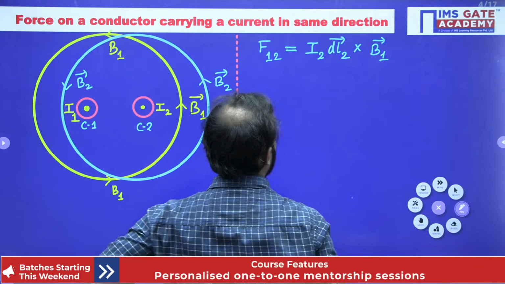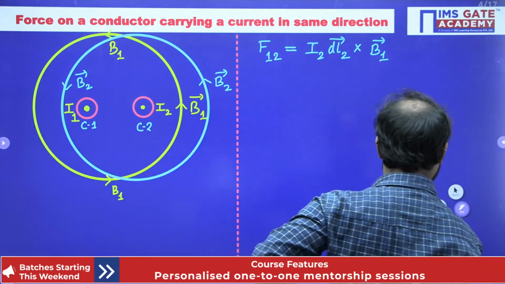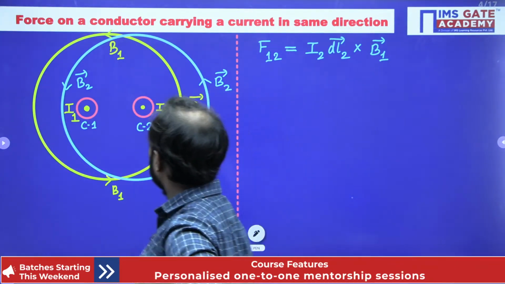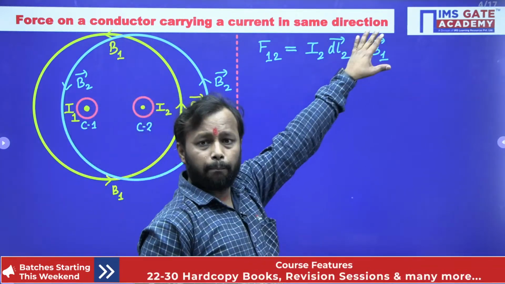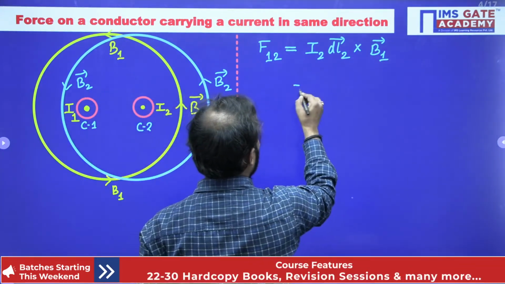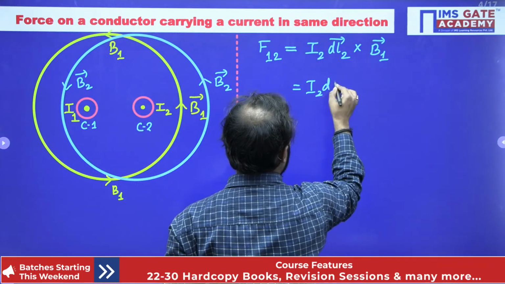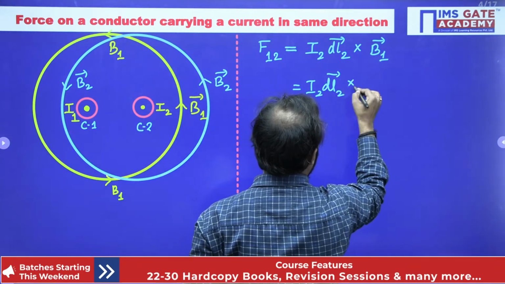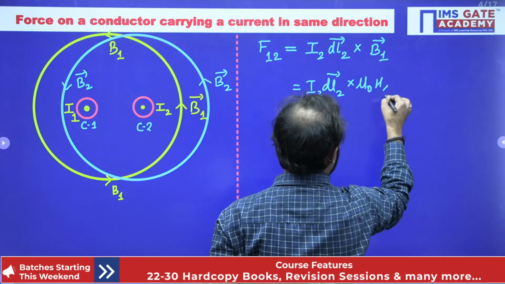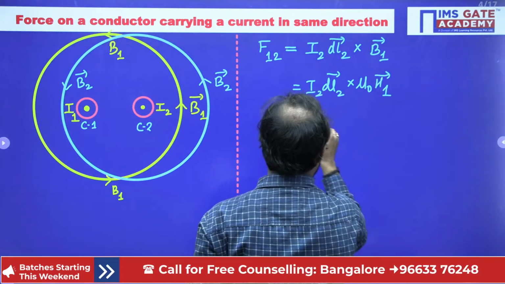One more thing. B1 here is equal to mu naught H, and for B1 we need to take H1. And what is H1?